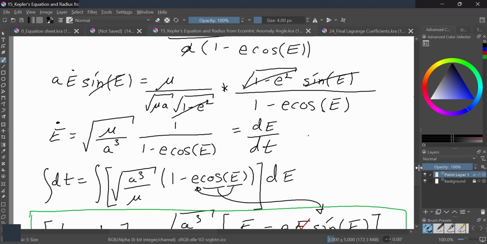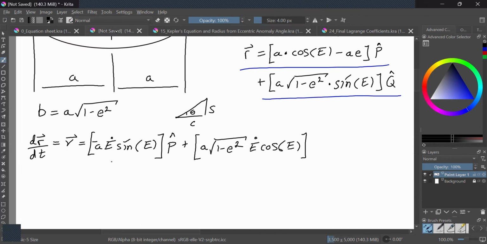So square root of mu by a cubed. Let me write that down.